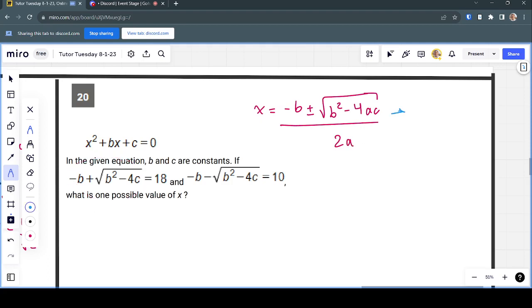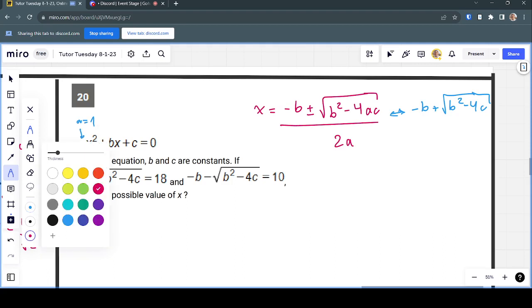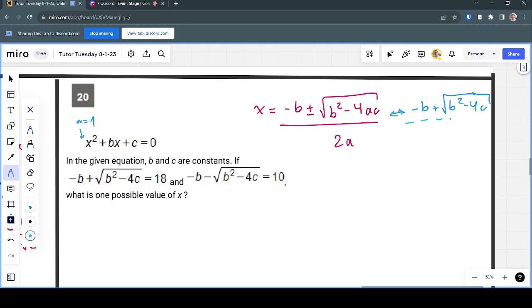We have negative b plus the square root of b squared minus 4c. All that it's missing is this divide by 2a and the a term in here. But if we look here, we notice that our a term equals 1. So really all we're missing, and I'm going to draw it in a lighter blue here, is this divide by 2.